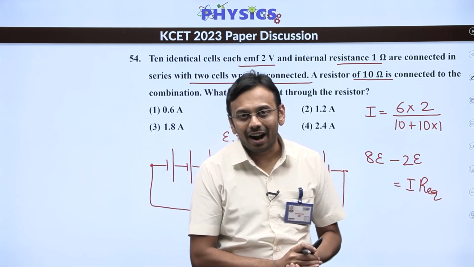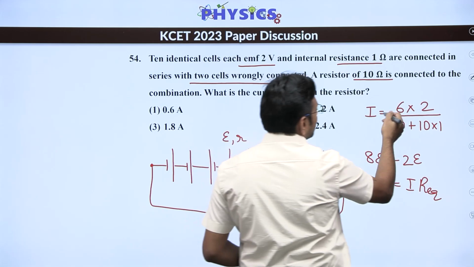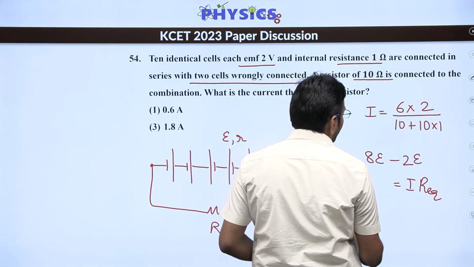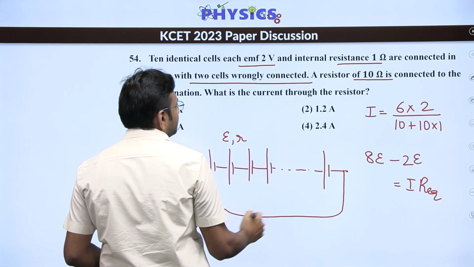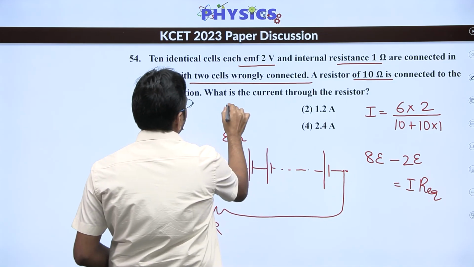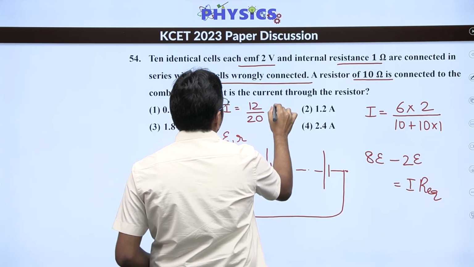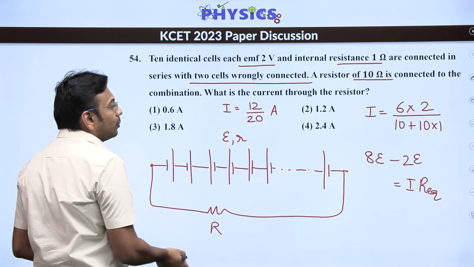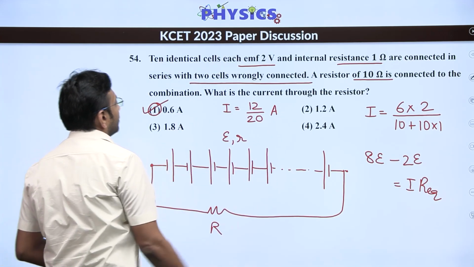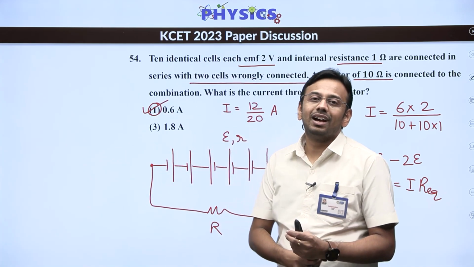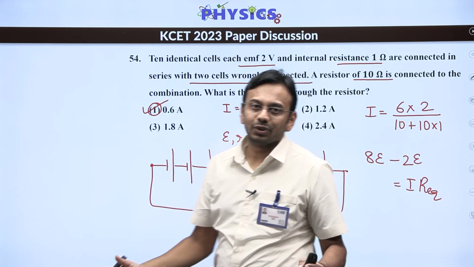Resistances will still add up. So this becomes 12 upon 10 plus 10, 20, and therefore we get 12 upon 20 amperes, which will become 0.6 amperes, and that will be our correct answer.